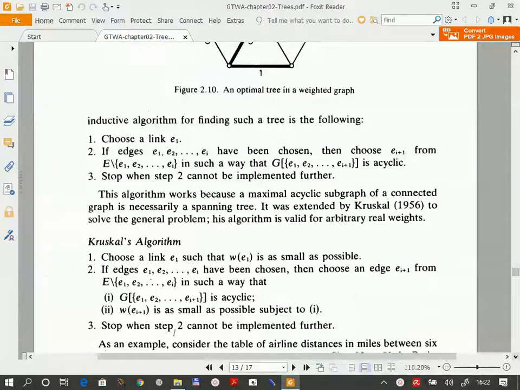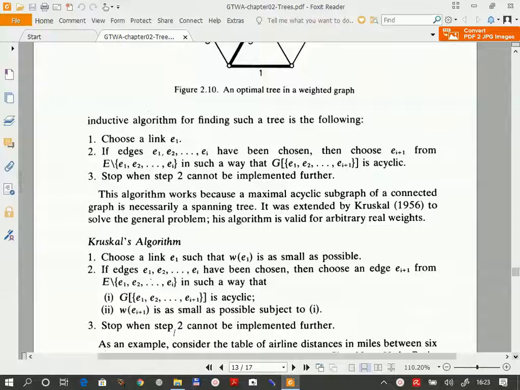How do you choose it? You must have two conditions: that the edge e(i+1) which you add must give you, with the previous ones, a graph which is acyclic. So you must not close a cycle by adding this edge e(i+1). And provided you don't close a cycle, how do you choose it?